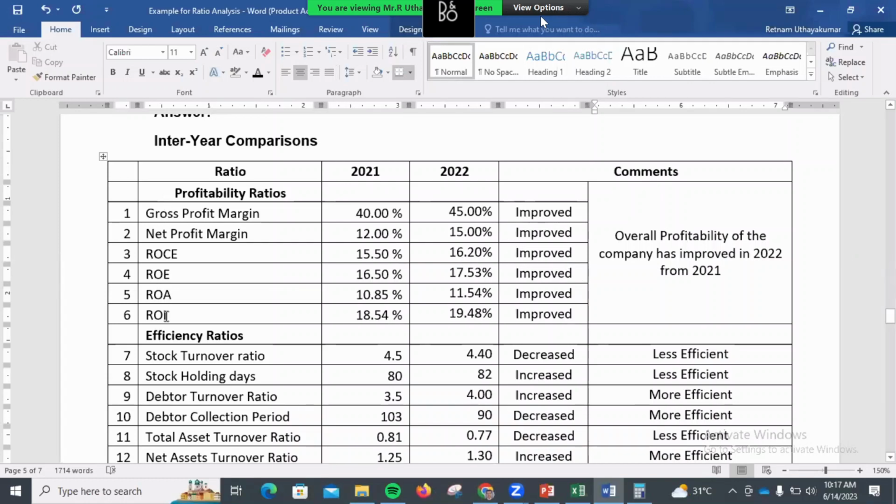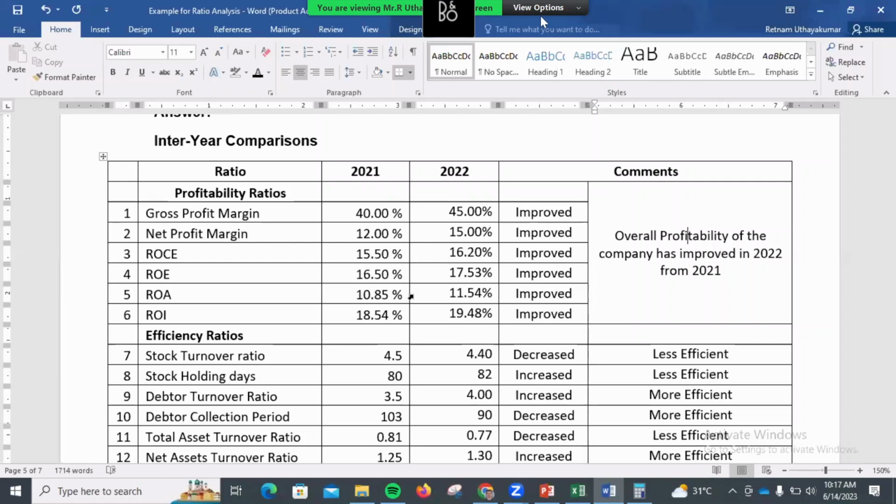Say out of these six profitability indicators, we find that four indicators indicate not improved, and only two indicators have improved. At that time you can write that overall profitability is not good, has not improved significantly in the particular year.